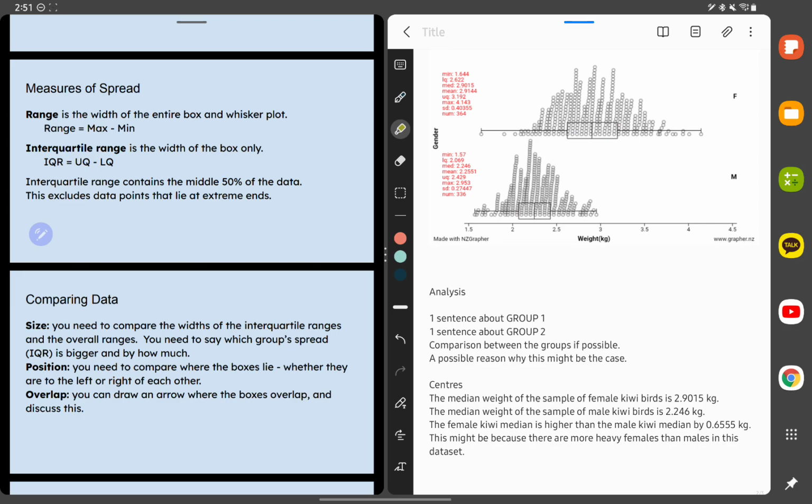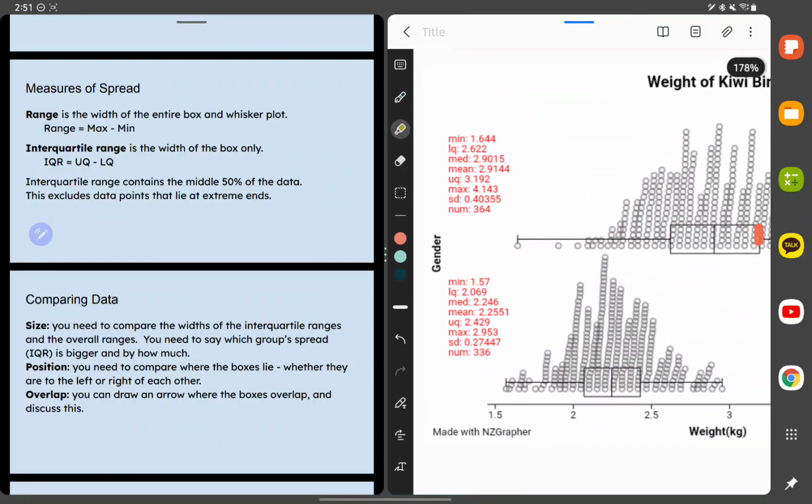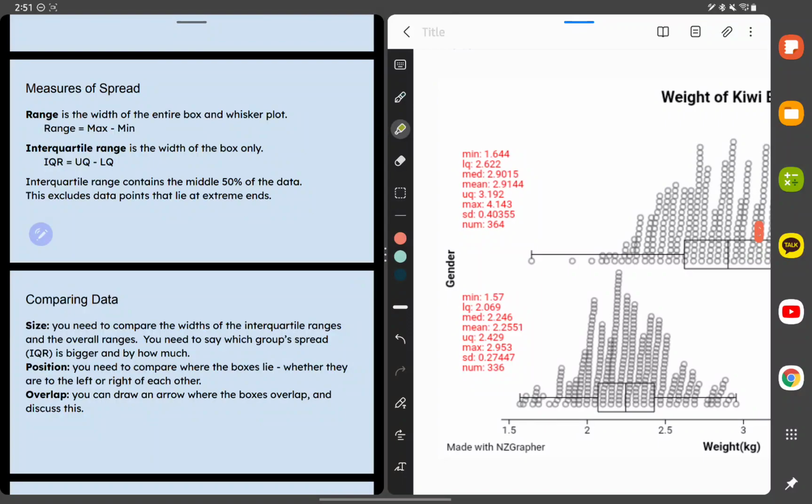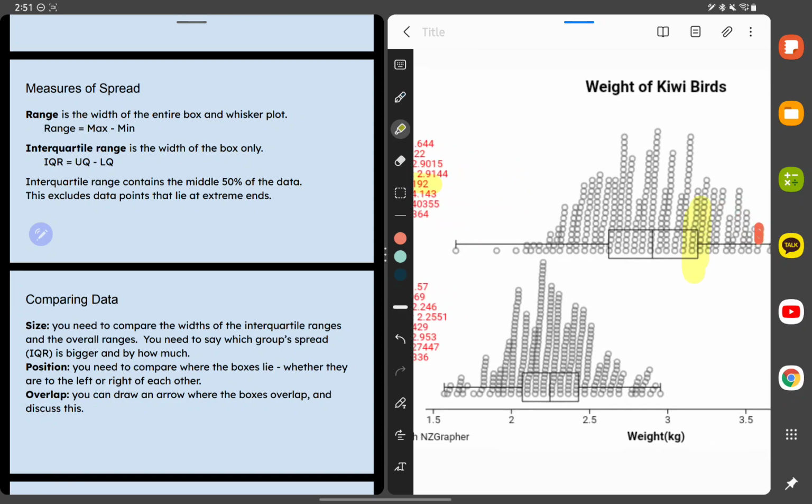Okay, how to work out the interquartile range? Now, unfortunately, interquartile range is not actually here. We have to actually do a little bit of math for it. So I'll talk about how to get it real quick. Here we go. So group one, I want to talk about group one first. I want to explain the interquartile range, which is our measure of spread. You have it in the slide on the left there. Here's the UQ, the upper quartile, which is exactly where that point is.